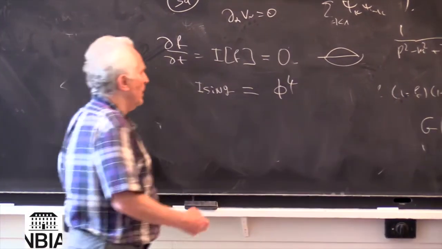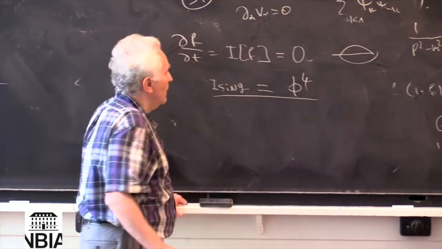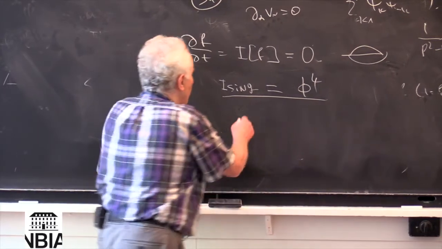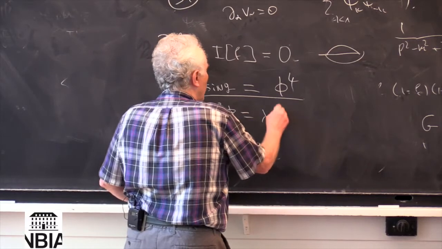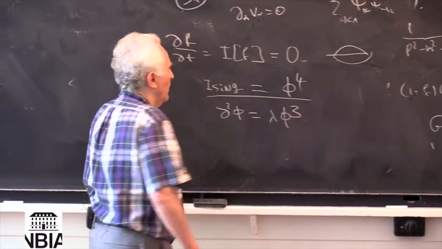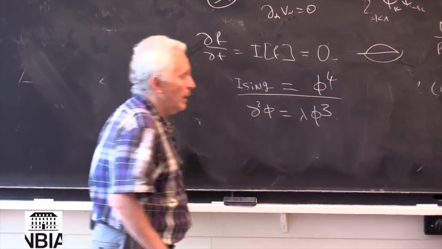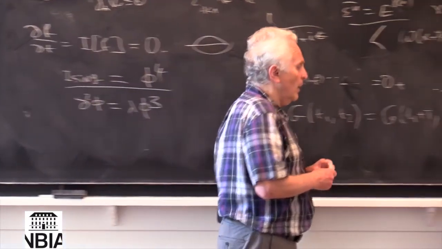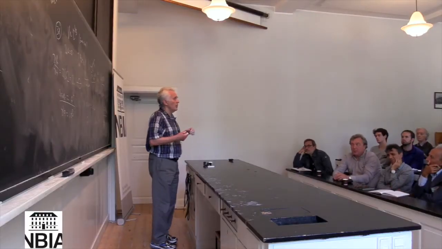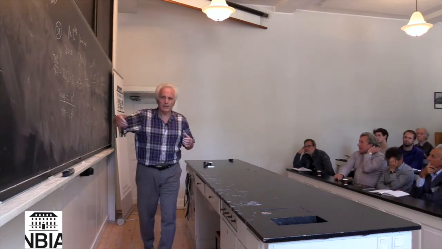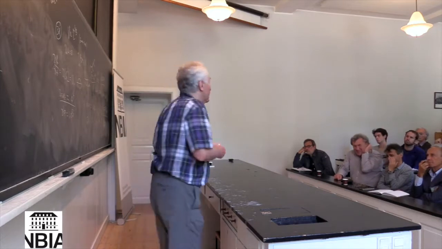What does that mean? It means the following. We have the equation of motion in phi-4 theory, the classical equation of motion, and we can actually find the field theory solution. It works especially nicely and explicitly in conformal field theory.